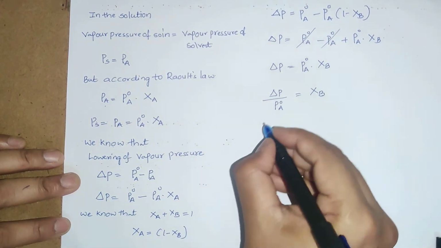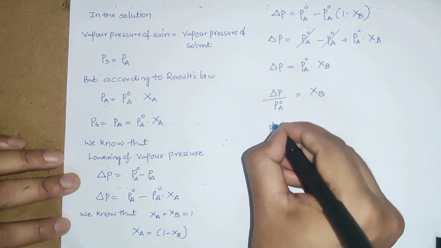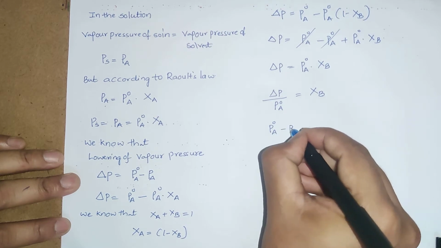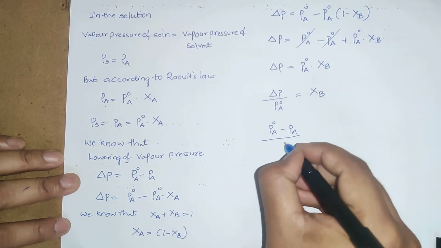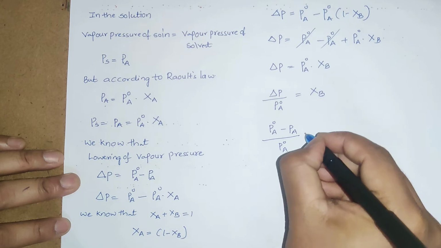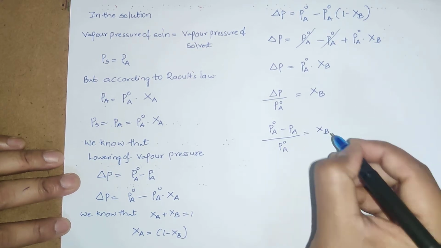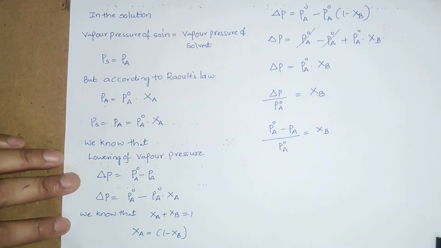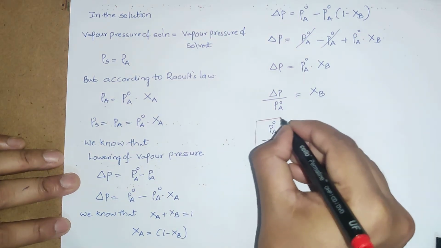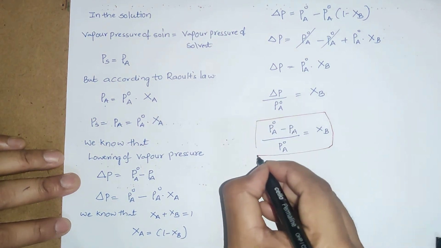What is delta P? Delta P is (P naught A minus PA) by P naught A is equal to XB. This is the formula of relative lowering of vapor pressure.